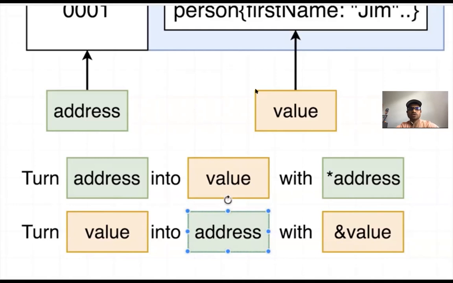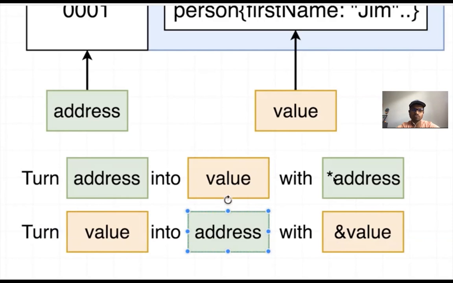So here what we see is that we have the person, and person has an associated memory location or address in the heap of the program or in the random access memory. So we can get the address of the value or the pointer of the value. So once we turn address into value, we do the star.